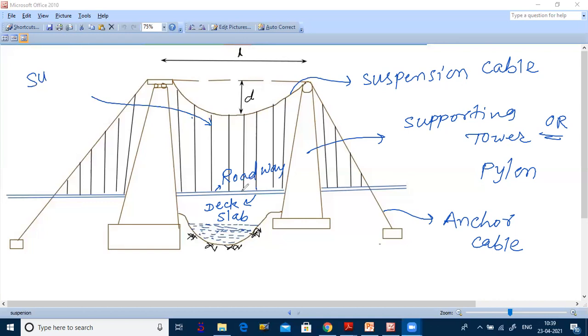So whatever the load on this deck slab, that will be transferred through the suspenders, or you may call them hangers.